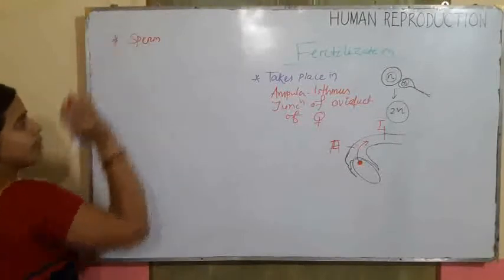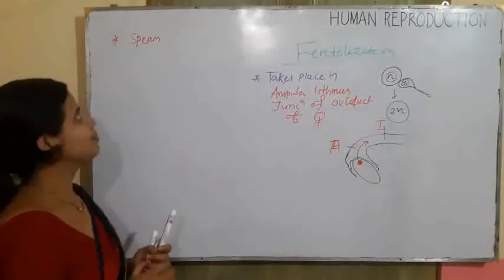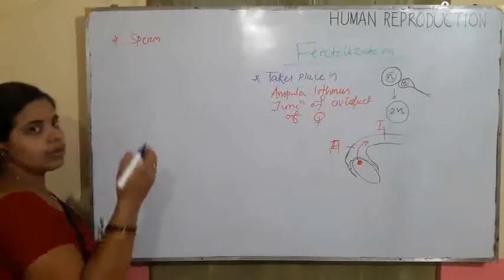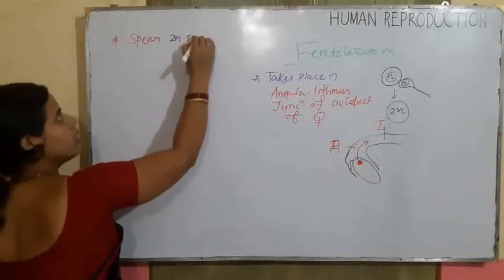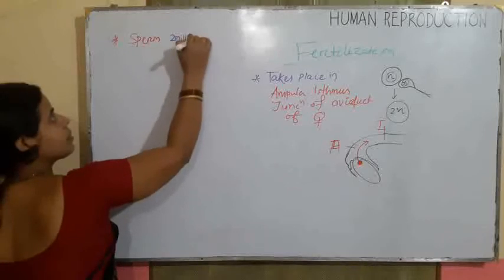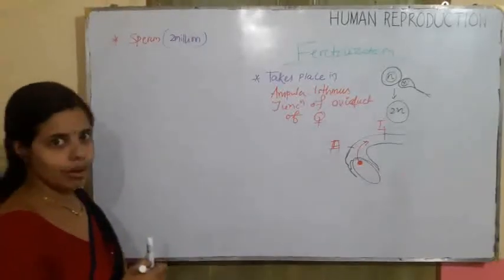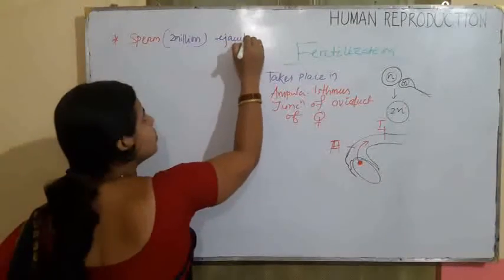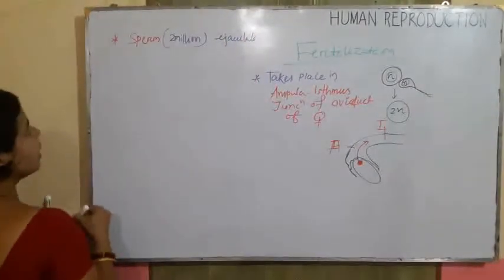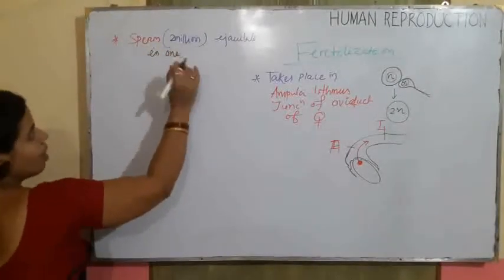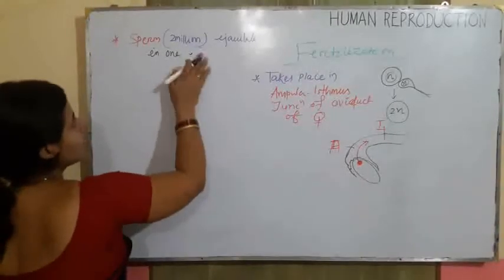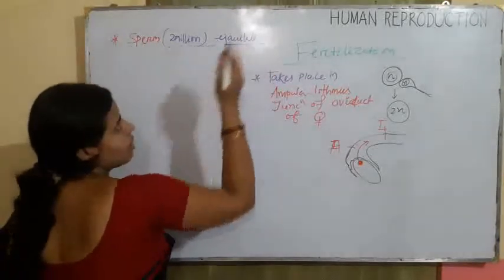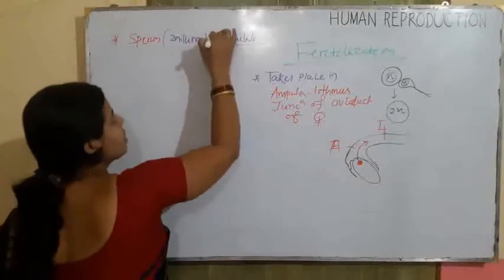When the sperm starts its journey, there are approximately 2 million sperm released during one ejaculation.